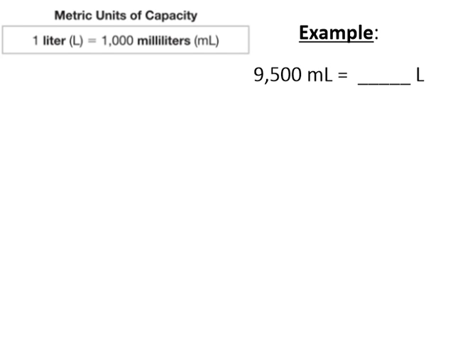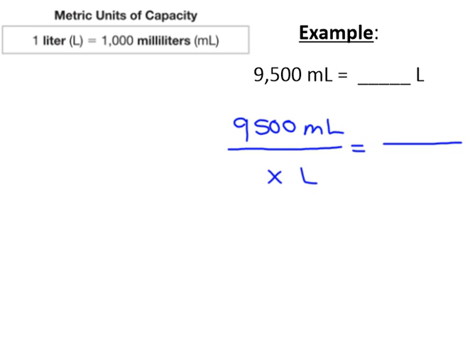All right, here we have 9,500 milliliters equals how many liters? So 9,500 milliliters equals x liters. And there's only one line on our conversion chart where we have liters and milliliters, so we know that's the right one.